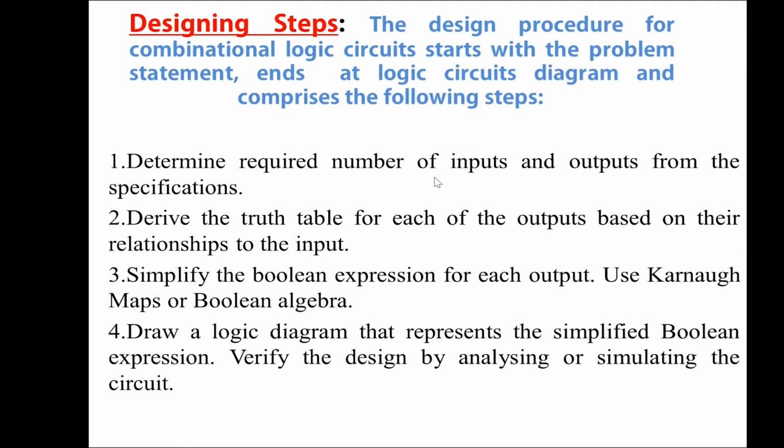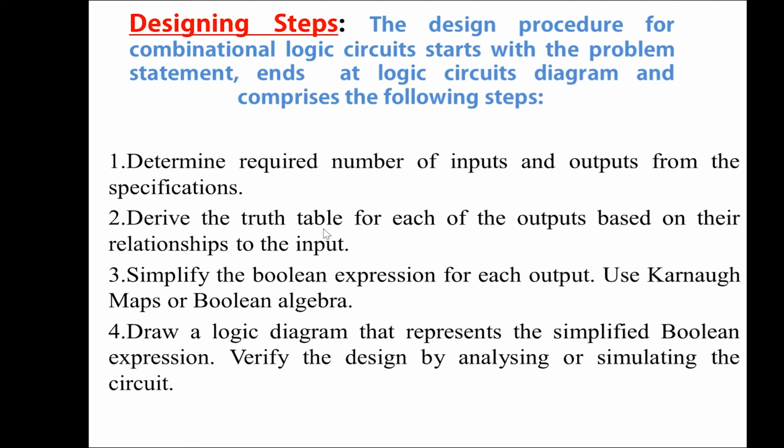That is, what outputs we want to get by using that combinational logic circuit, what inputs we have to give, and what logic circuits we have to use in that circuit. The first step is to determine the outputs and inputs.